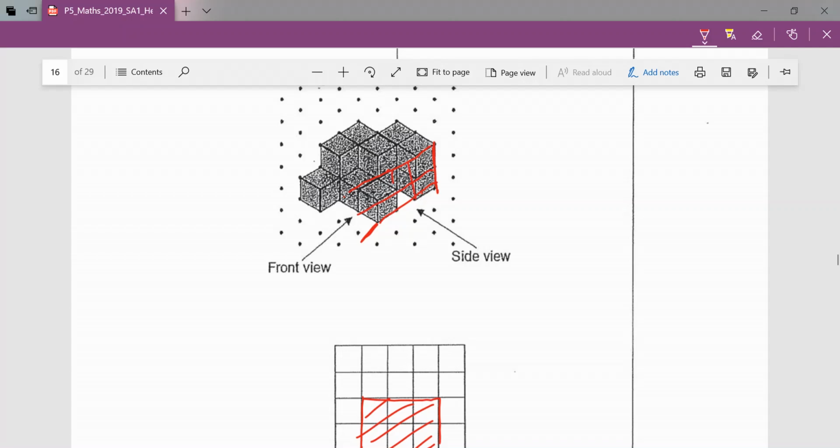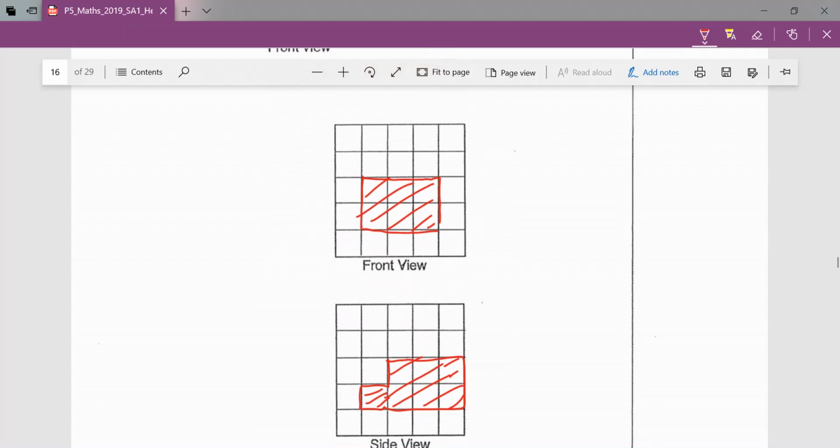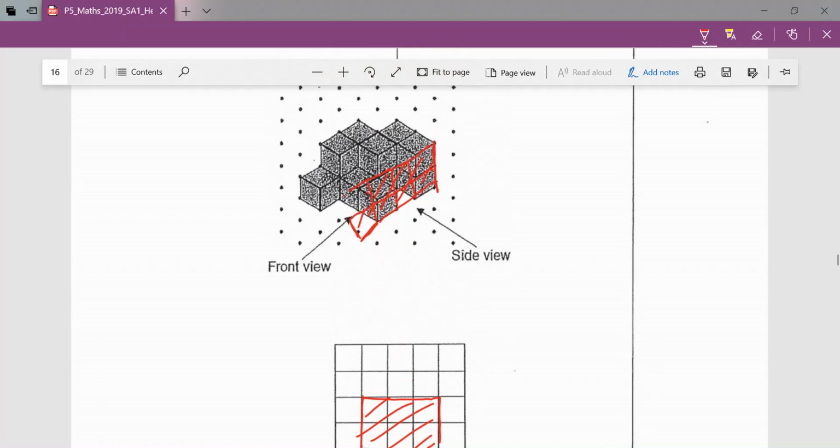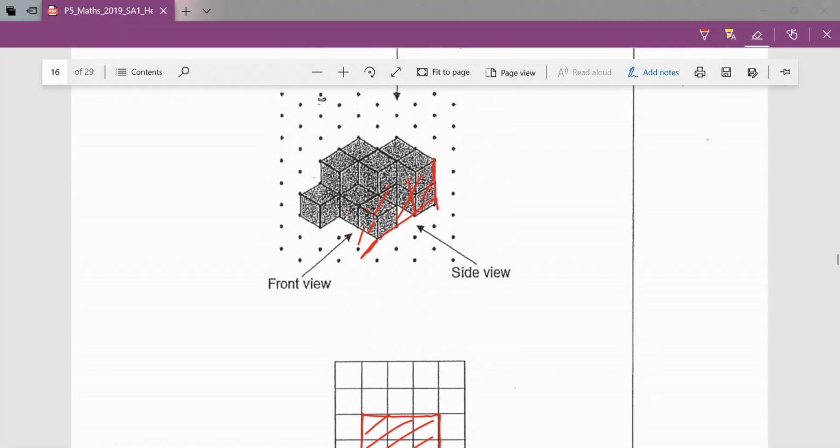Okay, and then for the last one it's only 1. Okay, so it's gonna look like this. That's why it's like that. Okay, you need a bit of visualization for this kind of questions. Alright, unless you build a model on a computer and you can rotate it to see it.